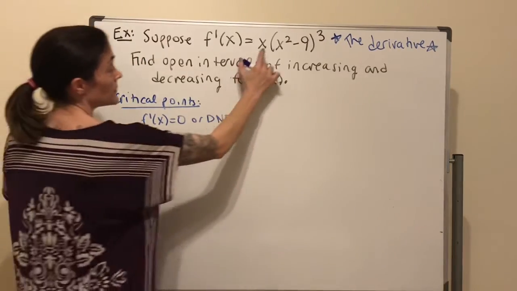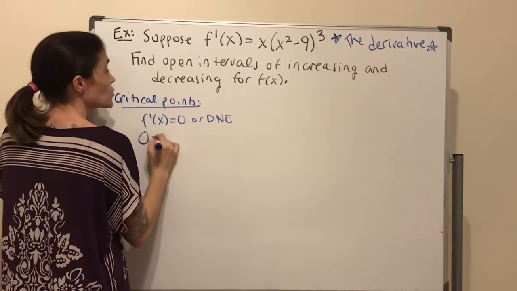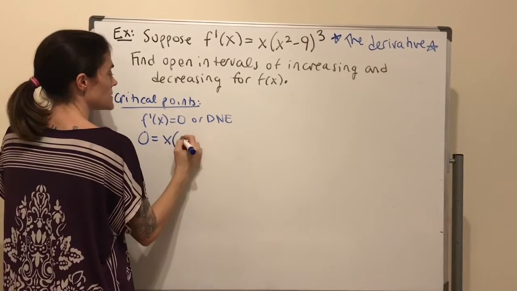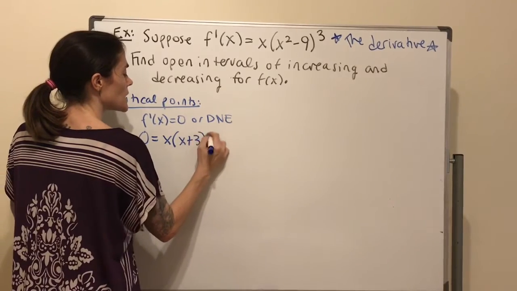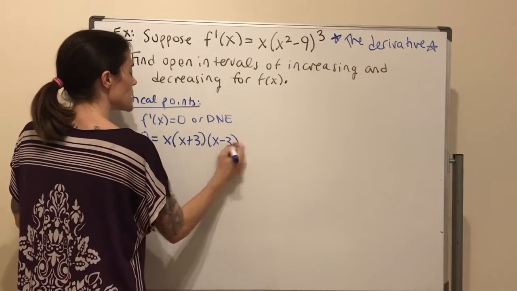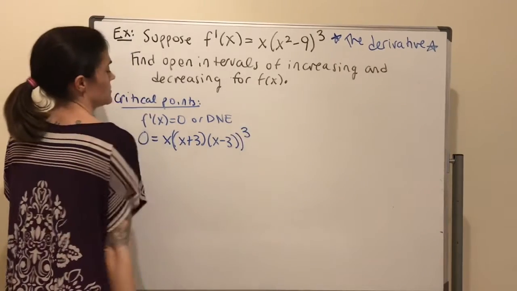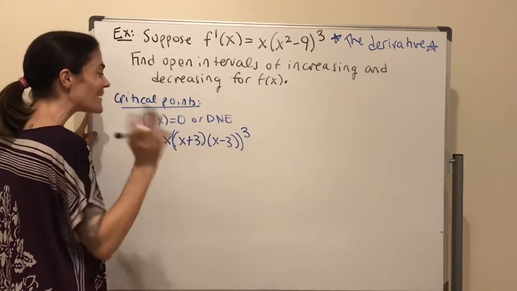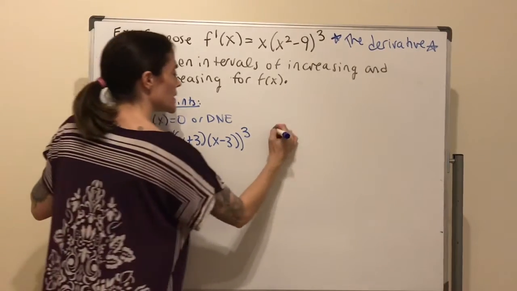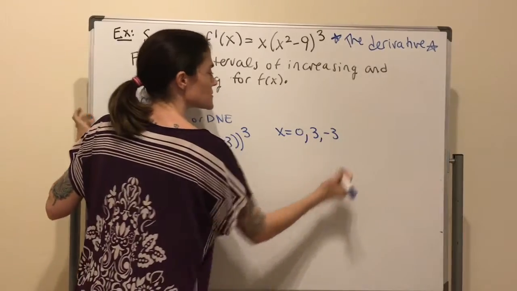And I want to, here, set the derivative to 0. And I can do a little bit more here. This is x plus 3, x minus 3, and then cubed. Okay? Well, we see here, we get x is 0, 3, and minus 3.